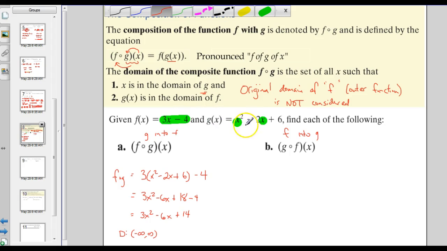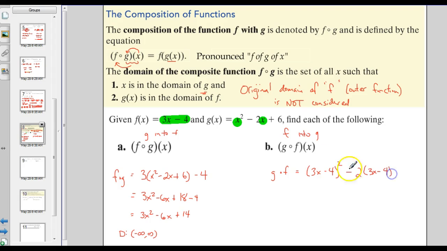So I'm putting all of this function into this function. So g of f is, here's an x that's being squared. I'm going to replace that x with 3x minus 4. Okay, that gets squared. Then minus 2 times x, again I'm going to replace that with 3x minus 4, plus 6.